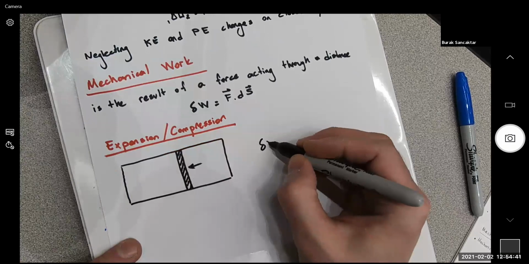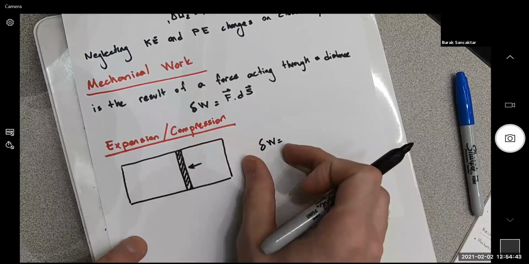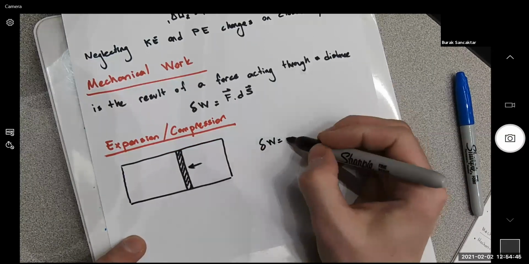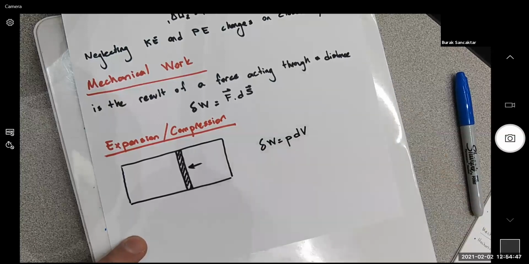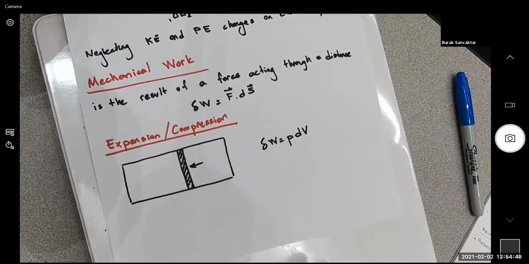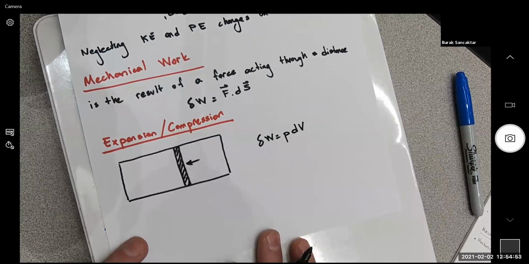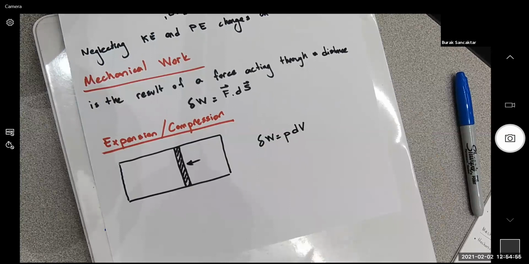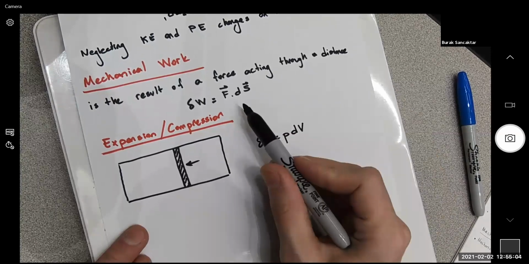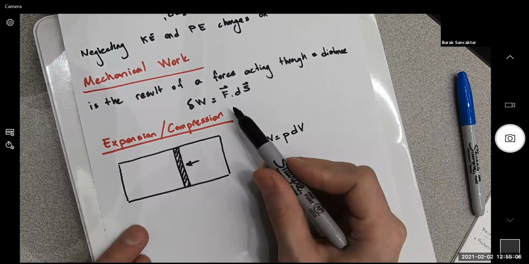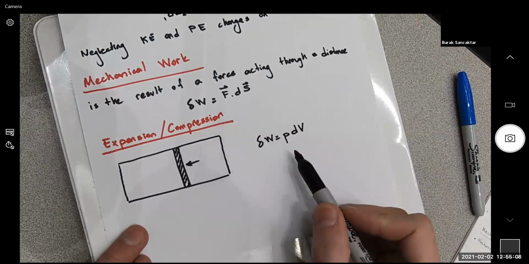Remember how we calculate the work: it is pressure times volume. If I multiply and divide the distance by area in this equation, what you have is pressure times volume.